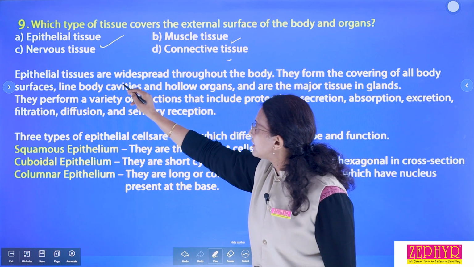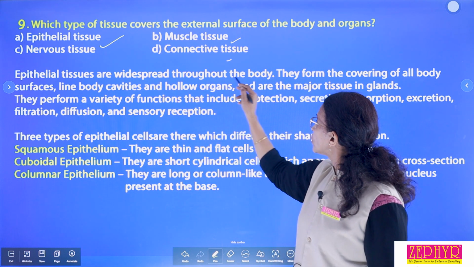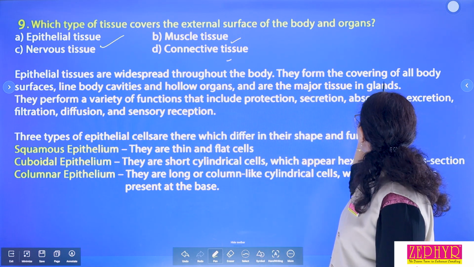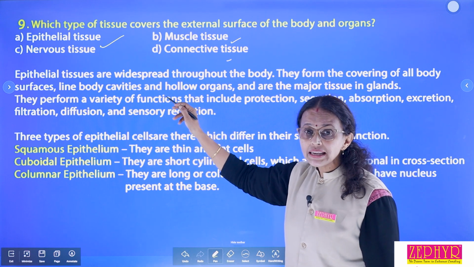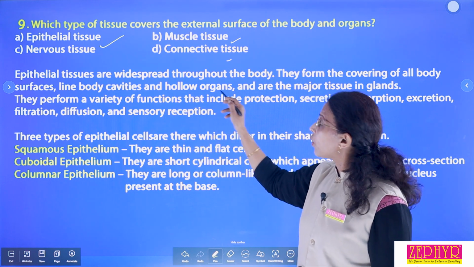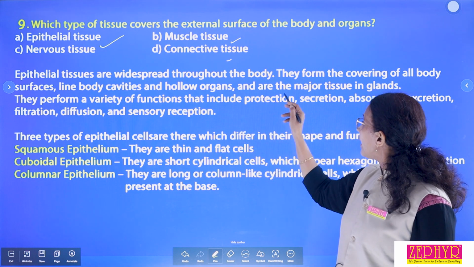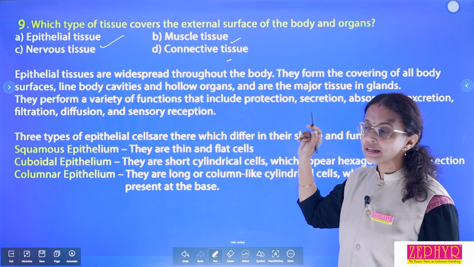Epithelial tissues are widespread throughout the body. They form the covering of all body surfaces, line body cavities and hollow organs, and are the major tissue in glands.